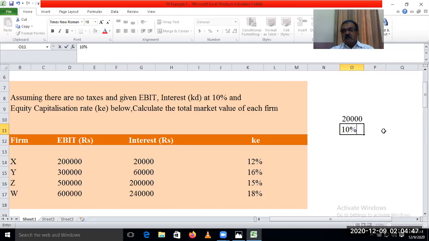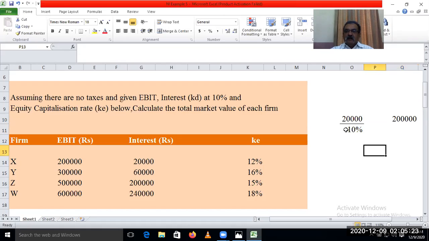So with the help of this we can calculate the amount of debt capital, that capital is paying interest at the rate of 10%. It means this 20,000 is 10% of debt.